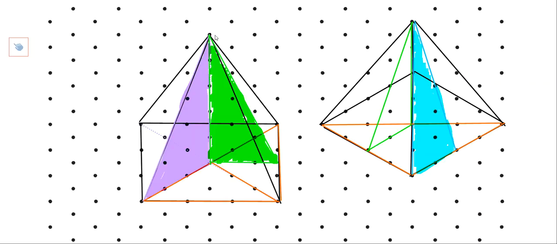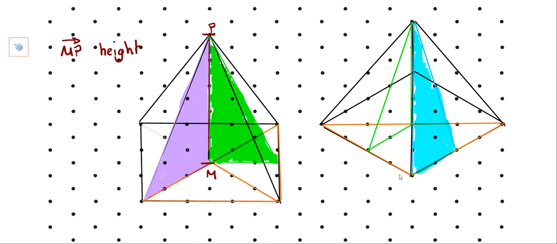Right, so a couple of things we need to understand. Just labelling, so you've got to label on yours this length. If I go from M to P, MP is called the height of the pyramid, okay?